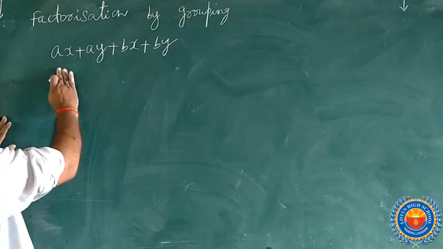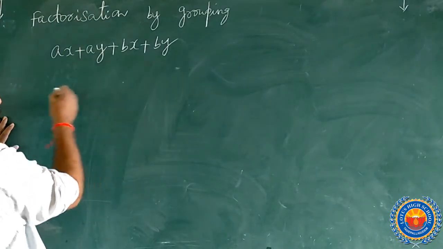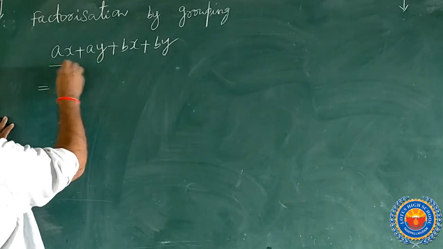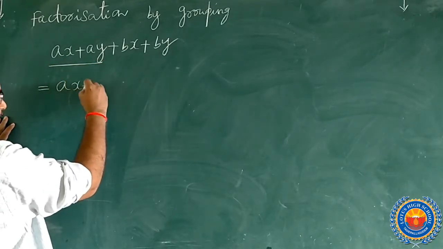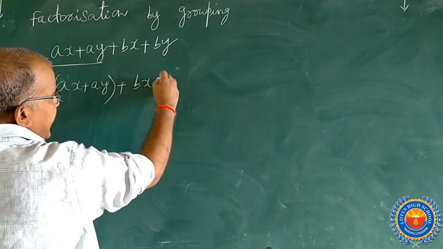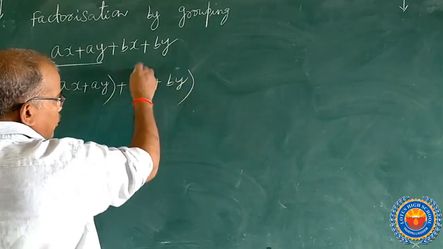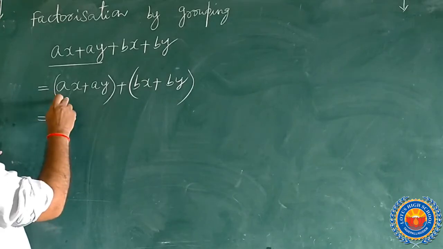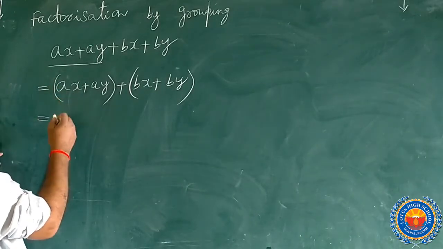Grouping: ax plus ay plus bx plus by. Ax plus ay is one group, and bx plus by is another group. Now in this, like before, you factorize.